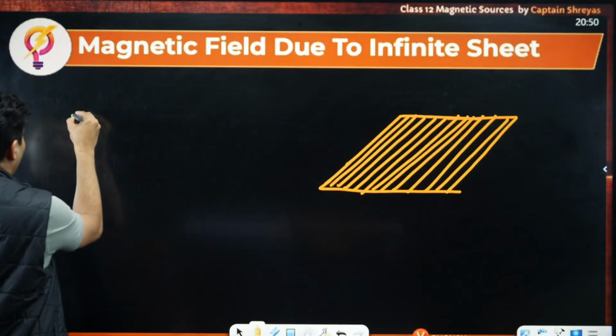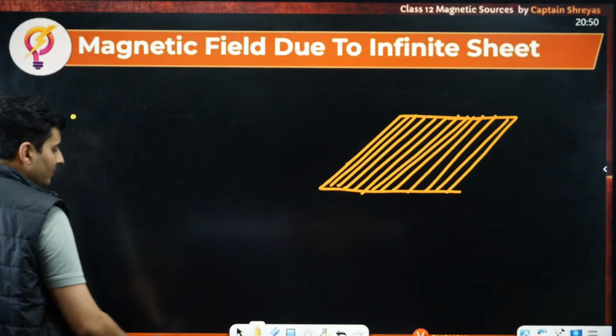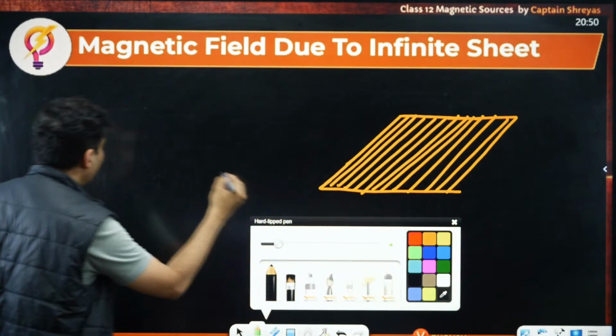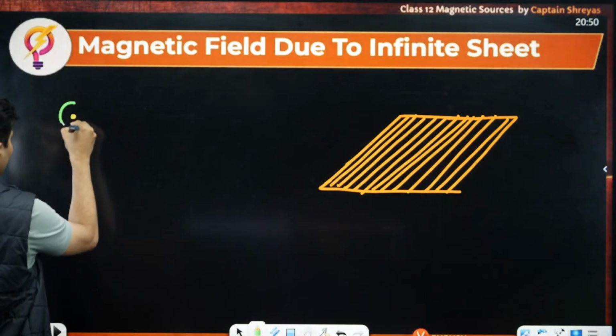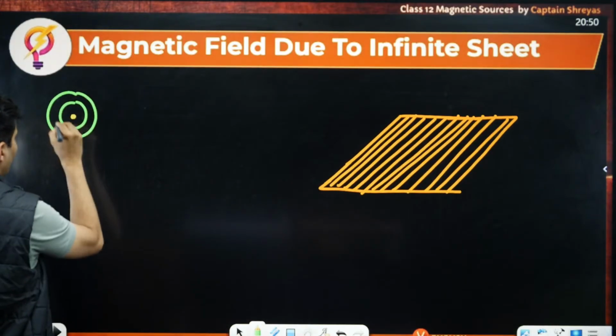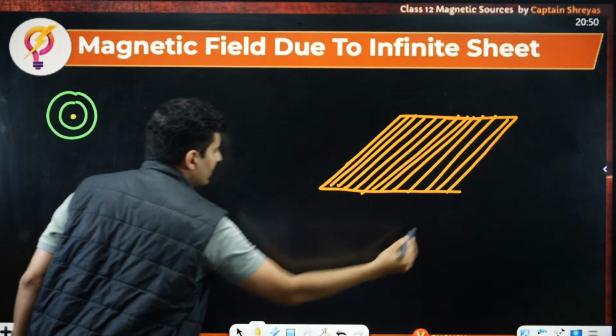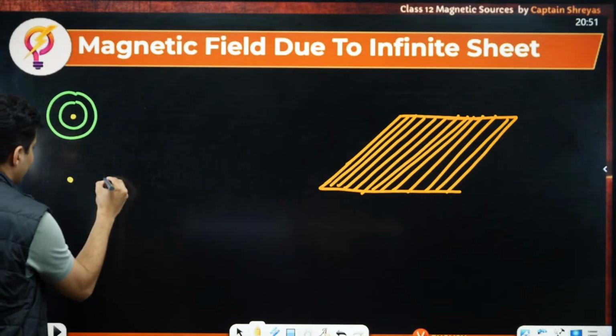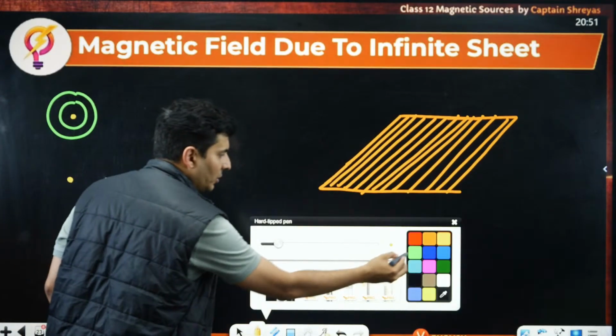Imagine you just took one wire carrying current. Then the magnetic field around it will be basically like this. This is just due to one wire. Now you take two wires carrying current adjacent to each other.